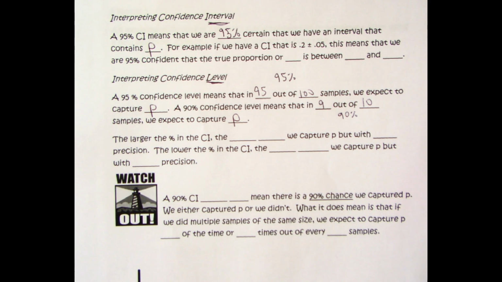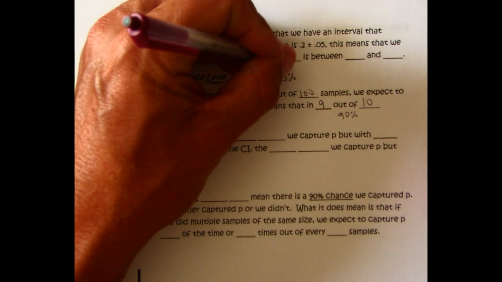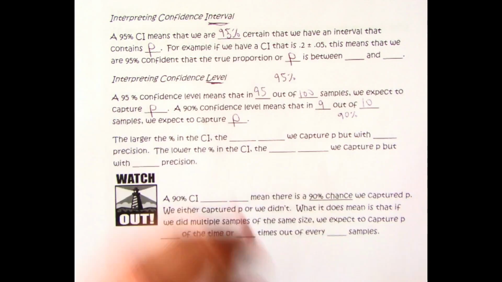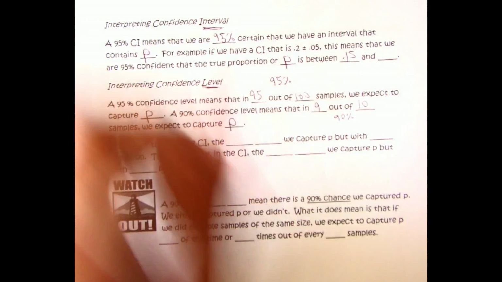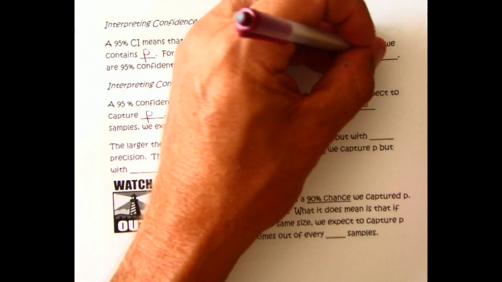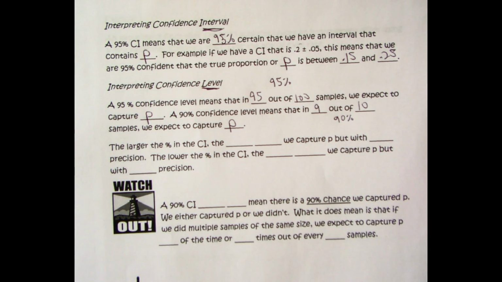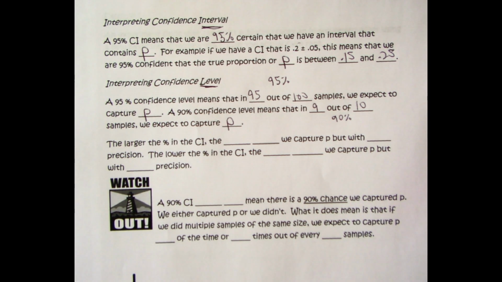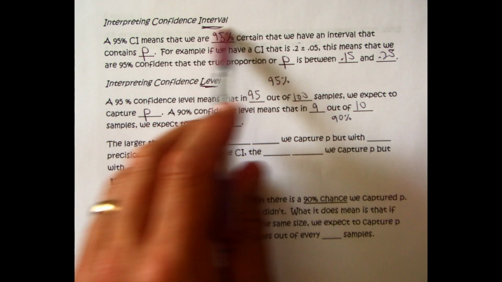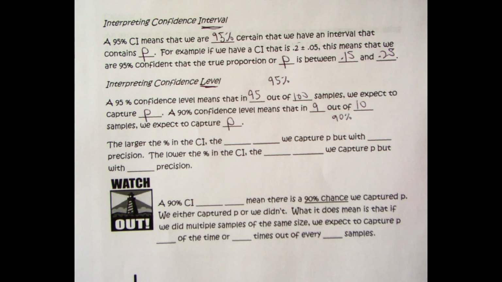For example, if we have a confidence interval that is 0.2 plus or minus 0.05, this means that we are 95% confident that the true proportion, p, is between 0.2 minus 0.05, which is 0.15, and 0.2 plus 0.05, which is 0.25. So that's how we interpret our confidence interval.